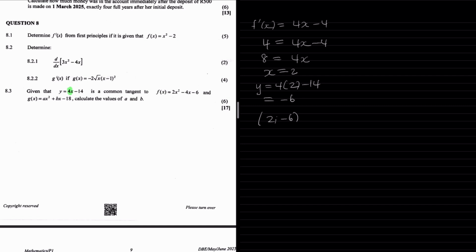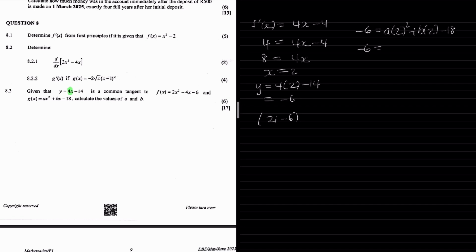Now with g of x, the first thing I want to do is substitute this coordinate in, since it's a tangent to both of them, so that point should lie on g of x. So negative 6 is equal to a times 2 squared plus b times 2 minus 18.